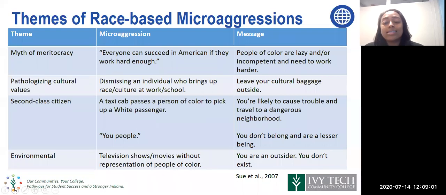But displaying a swastika, depending on the situation, could also be a hate crime or just a micro assault. It depends on the situation and the folks that are there. But none of it is acceptable. It's all discrimination. And definitely a burning cross is a hate crime, which is punishable in the criminal justice system. Next.